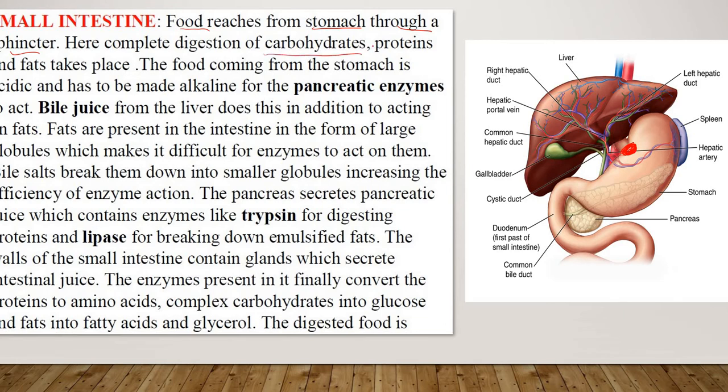Here complete digestion of carbohydrates, proteins and fats takes place. The food coming from the stomach is acidic. Why is it acidic? Because in the stomach there is a pH of 2, because HCl is present over there.